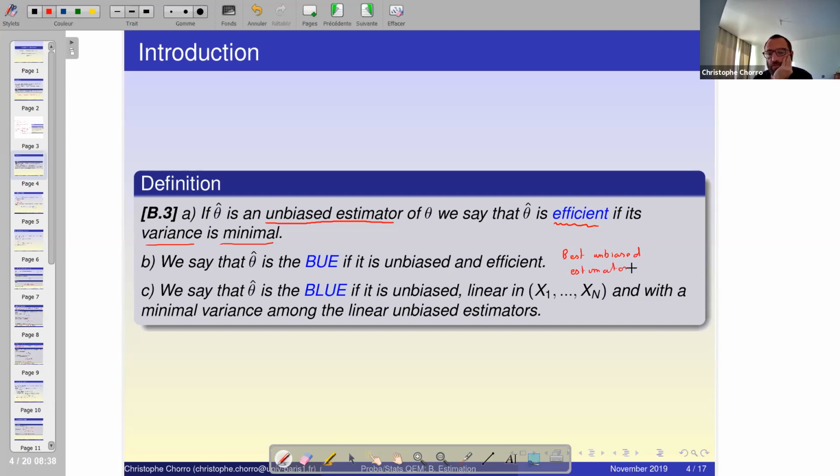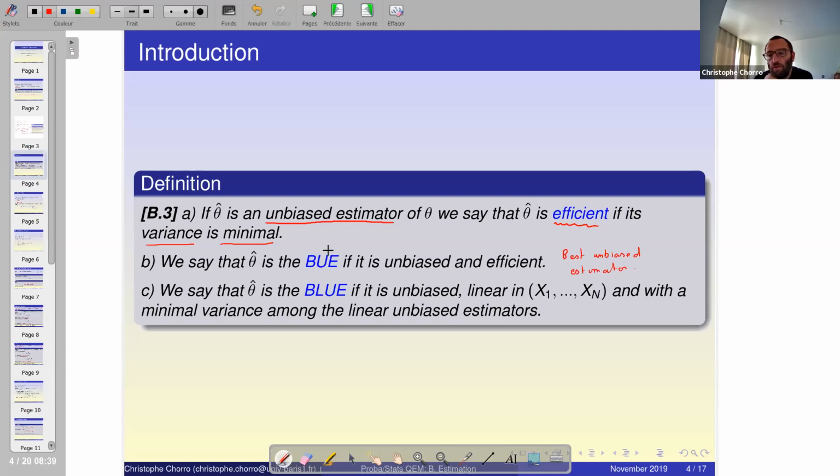Among the family of the unbiased estimators, it is the best. In which sense? In the sense that it is efficient, that is, it has a minimal variance, that is a minimal mean square error. Okay, so it's what we want, in fact. I expect in this course to be able to find BU estimators.